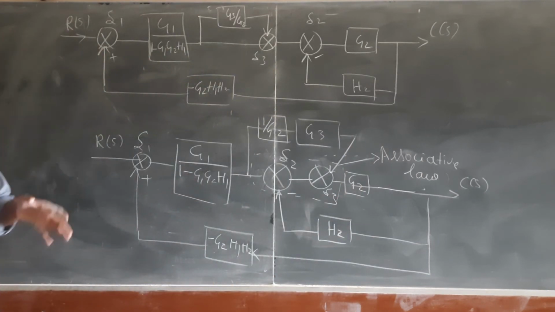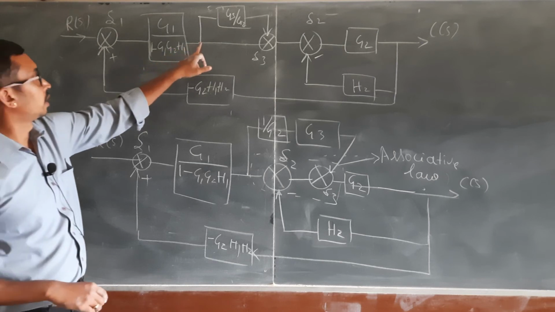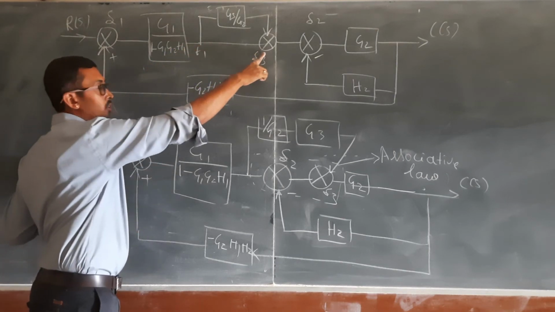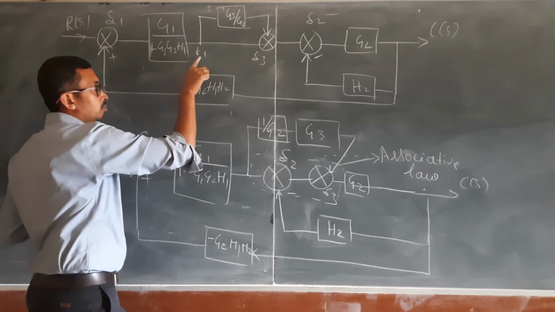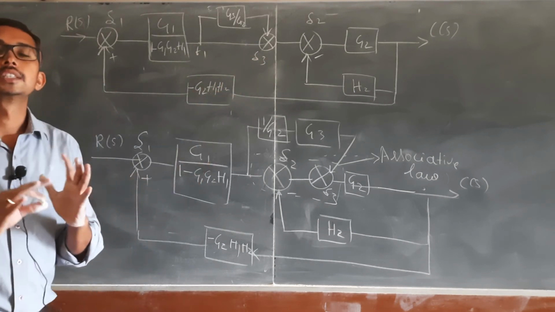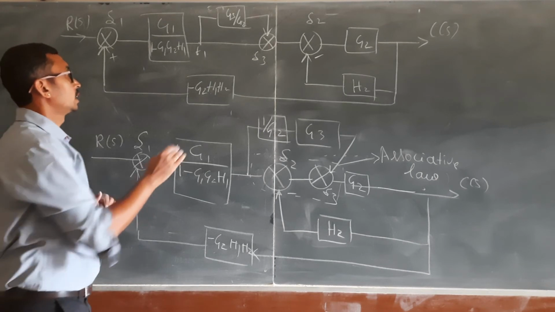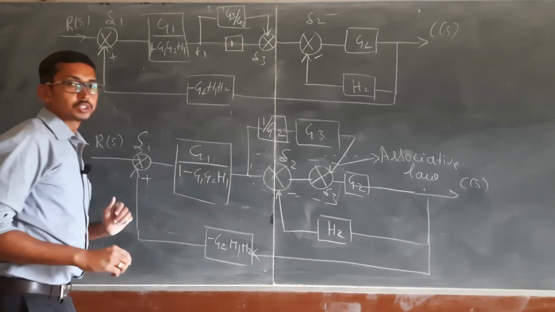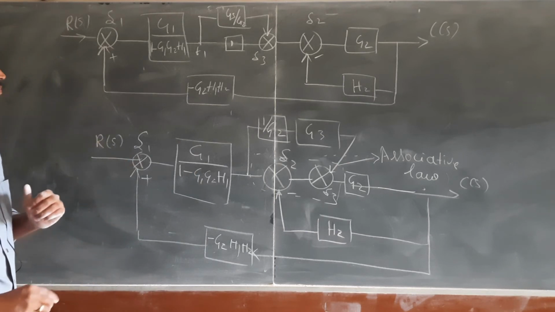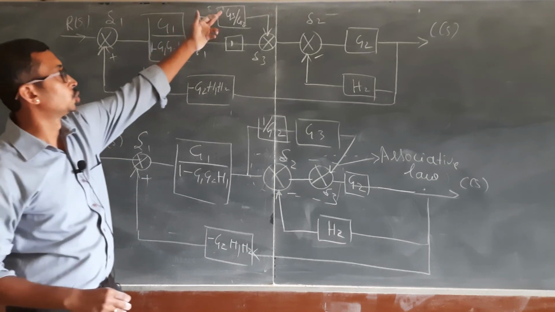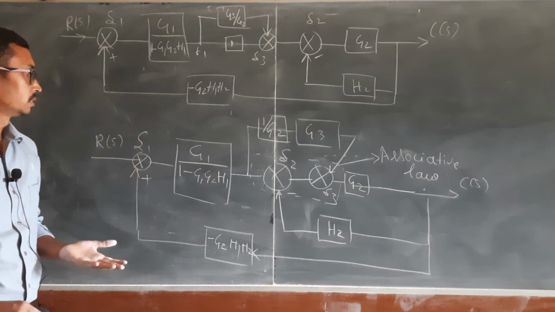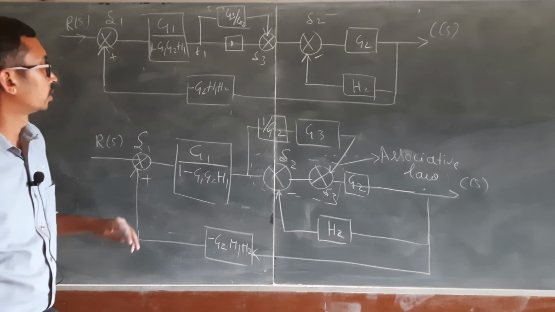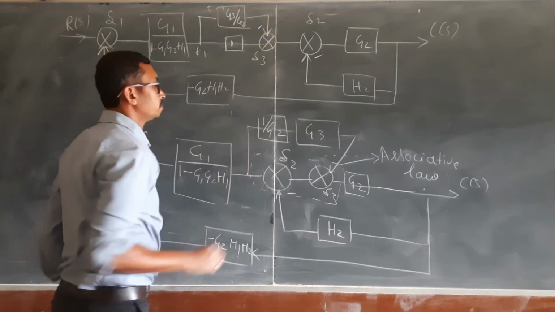So now what is the next step? From here there is takeoff point 1 and there is summing point 3. In between the takeoff point and the summing point there are no blocks. In such a condition we consider a block with a transfer function of 1. Now these two blocks are in series. Here you have the minus symbol, so it is a minus over here.